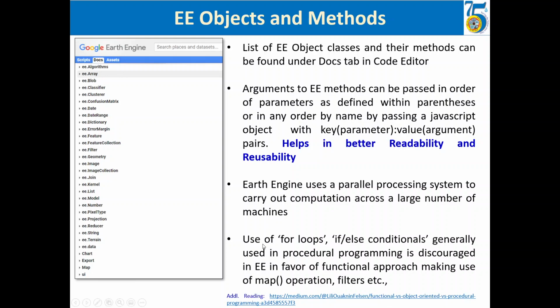Now, use of for loops and if-else conditionals, which are generally used in procedural programming, is discouraged in Earth Engine in favor of a functional approach, making use of filters and Earth Engine methods such as the map operation. Tomorrow, while doing the raster analysis, we will see how to apply filters, how to use the map operation to apply a method to all elements of an image collection.